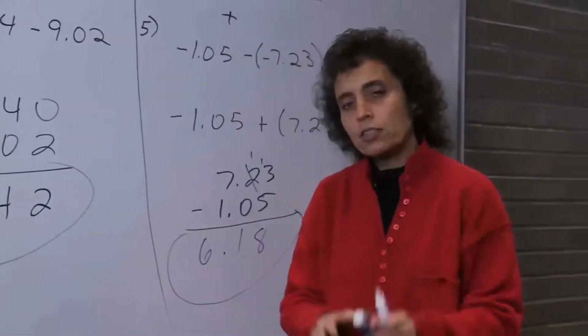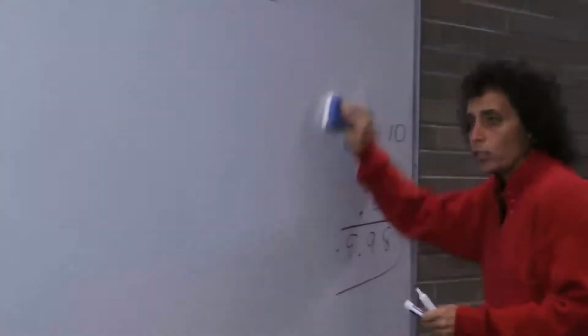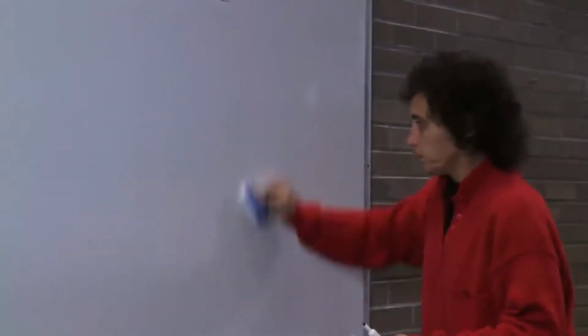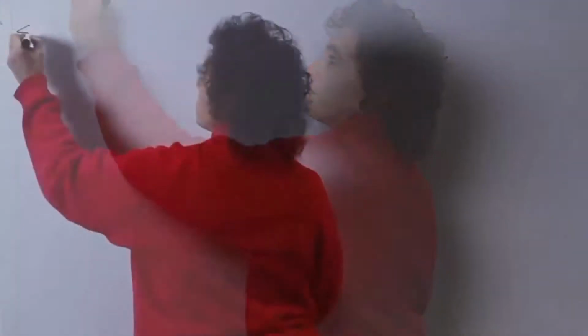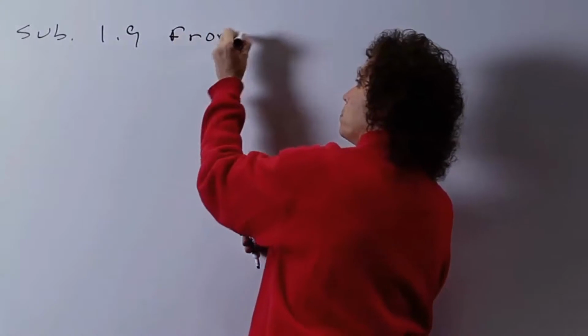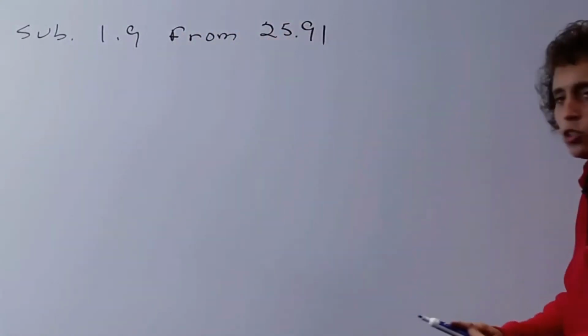Let's look at 7. 7 has another keyword in there. Let's take a look at it. I'm going to subtract 1.9 from 25.91. Okay, keyword is from.